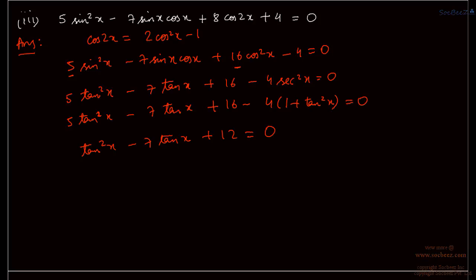You can see that tan x equal to 3. That's 9 minus 21 plus 12 equal to 0, and tan x equal to 4 also gives us the solution. So (tan x minus 3)(tan x minus 4) is equal to 0. Right? So let's consider both of them.